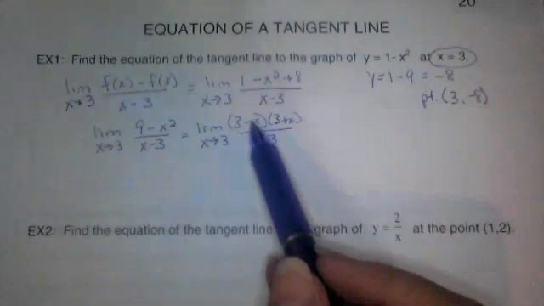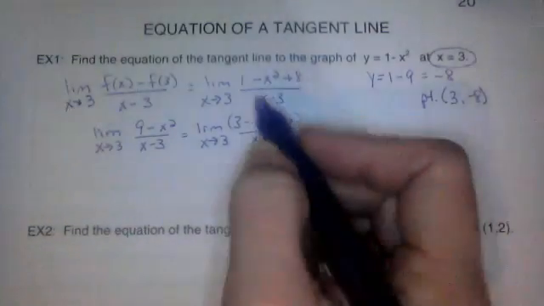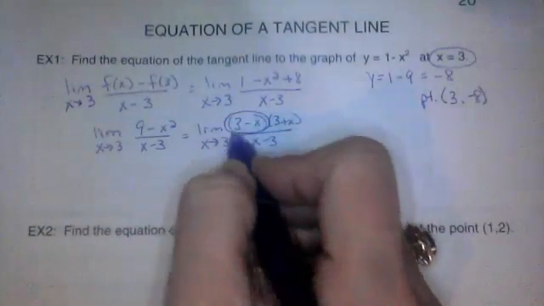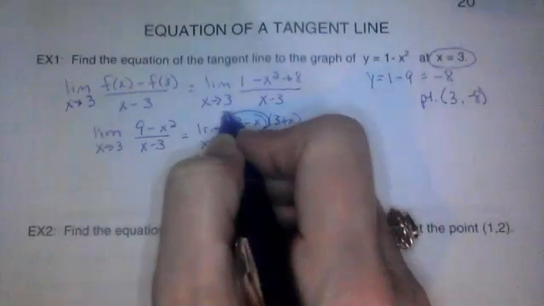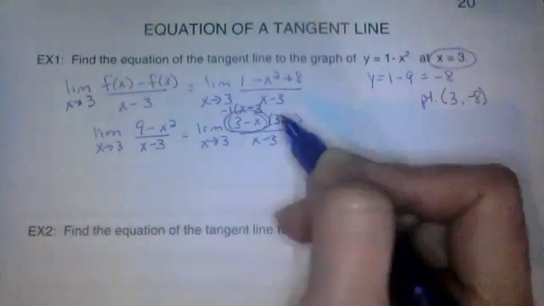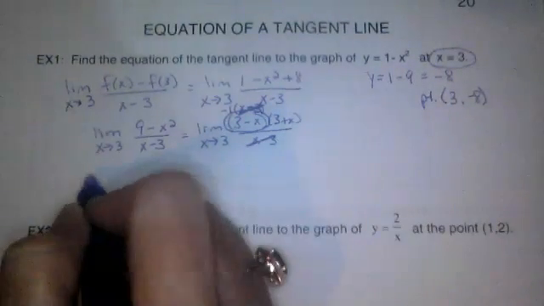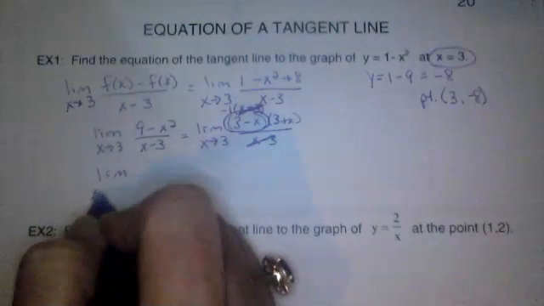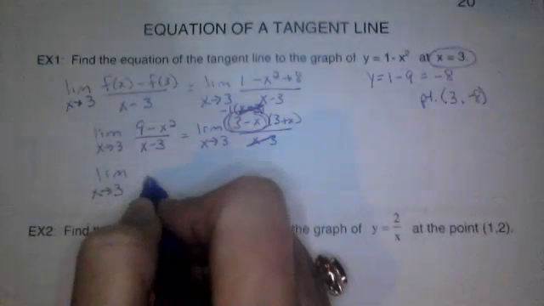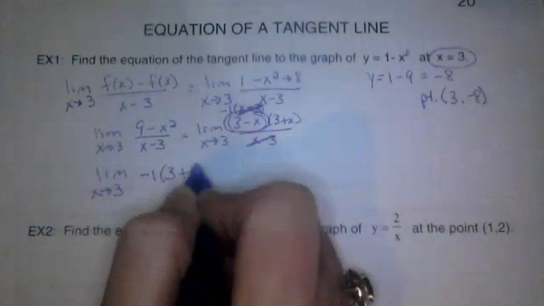But remember that these are still not exactly the same. So what I need to do is factor out a -1. So I'm going to factor a -1 out of this piece. It would leave me with x minus 3. So now I can factor out the x minus 3. So I've got the limit as x approaches 3 of -1 times 3 plus x.